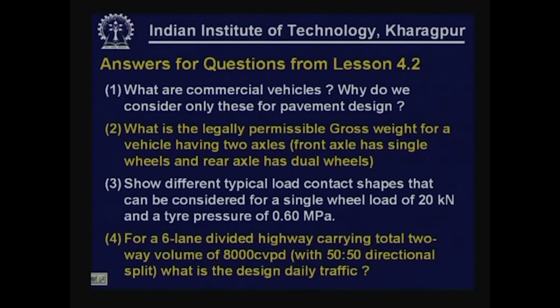Since we have 3 lanes in each direction, if you refer to the previous lesson, we have said 60% of the traffic in this direction has to be taken if it is a 3-lane separate carriageway that we have. So this becomes 4,000 into 0.6, that is equal to 2,400 commercial vehicles per day. That is the traffic that we have to consider in this direction.